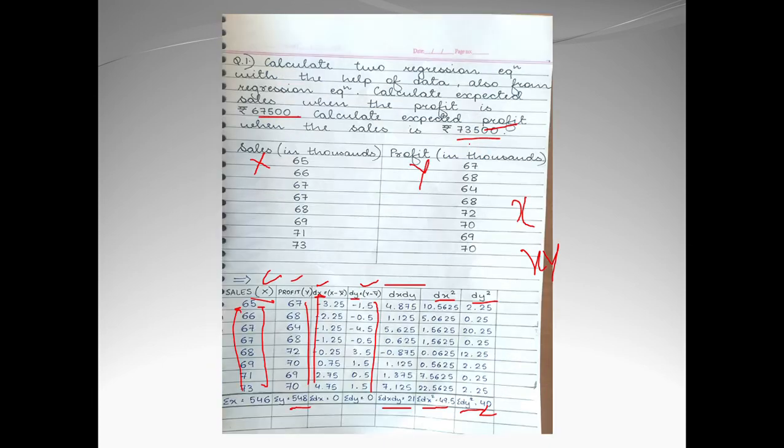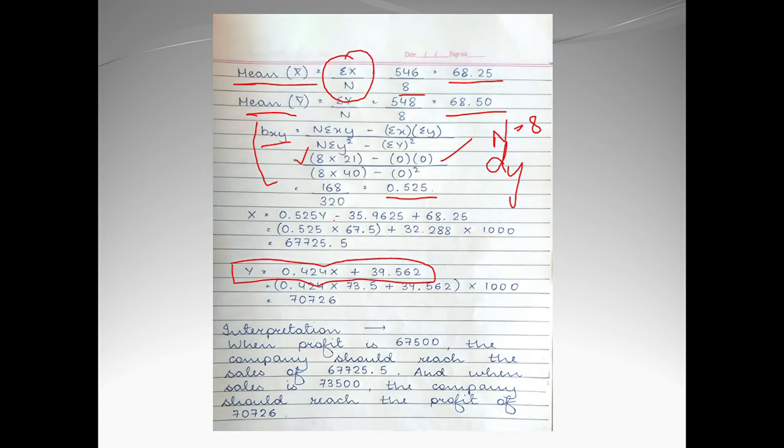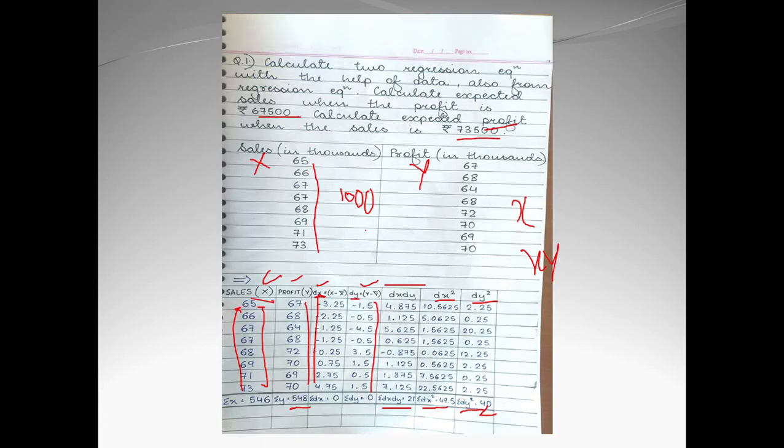Okay, so here we have this in thousands, but here we have just cut off the thousands. So here we will divide 67,500 by 1000. So we will get 67.5, and here we have to calculate sales.